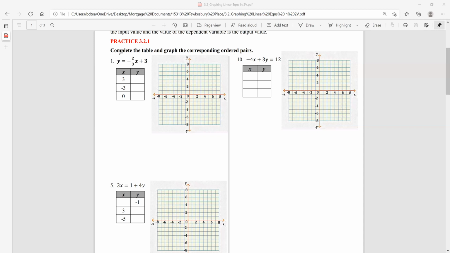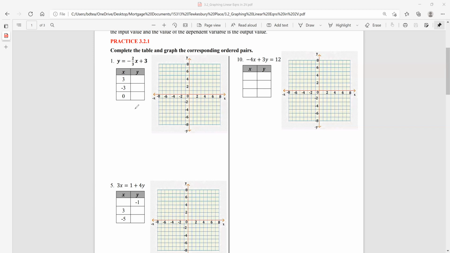For the first example, complete the table and graph the corresponding ordered pairs. Number 1: y equals negative 2/3 x plus 3. They're giving us the x values here, and we have to solve for y, and then plot the points.